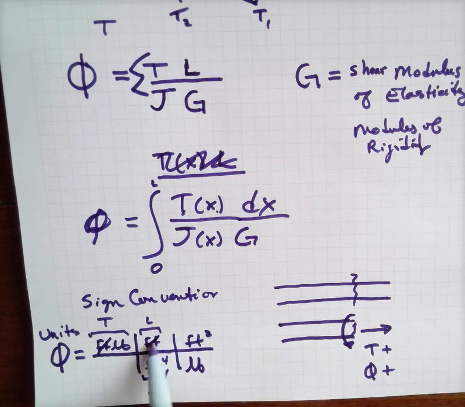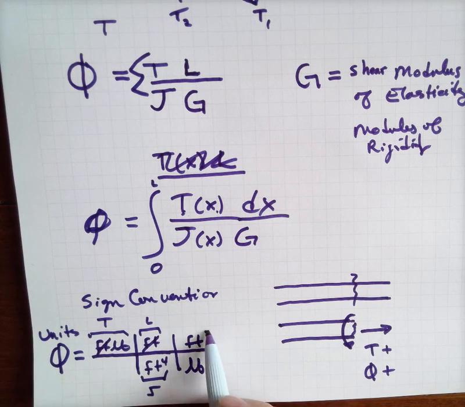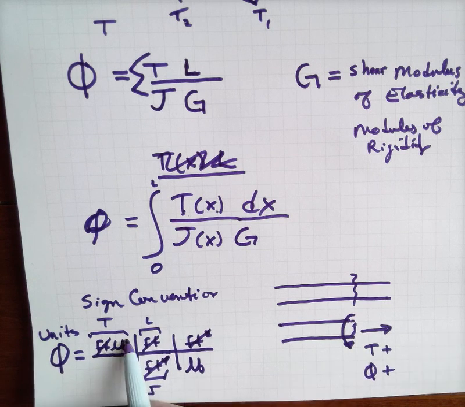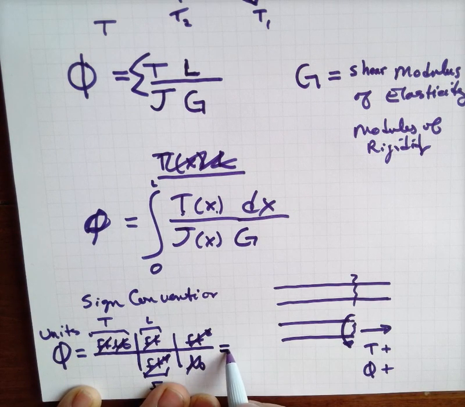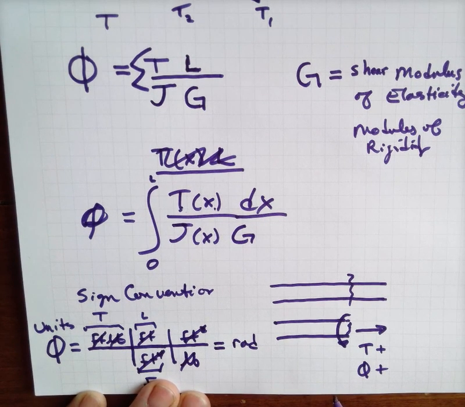Foot, foot, that's foot squared. Foot squared and foot squared is foot to the fourth, pound and pound. It's like our angle of twist doesn't have any units. It's like it's unitless, but it's not. It is radians, and as we remember, radians are dimensionless. So when you find angle of twist, you will be getting an answer in radians.